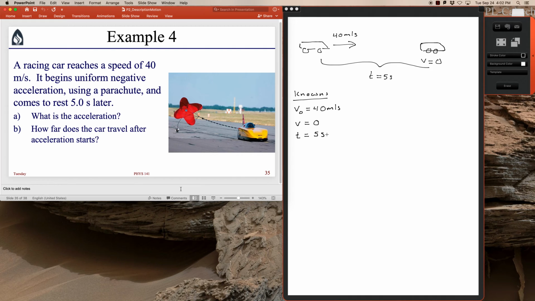Okay, so those are the numbers I'm given in the problem. What's my unknown? What am I solving for? Well, in part A, I want to know what is the acceleration. That is my unknown.